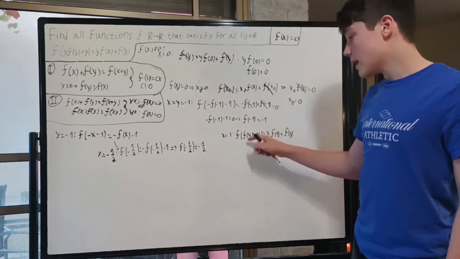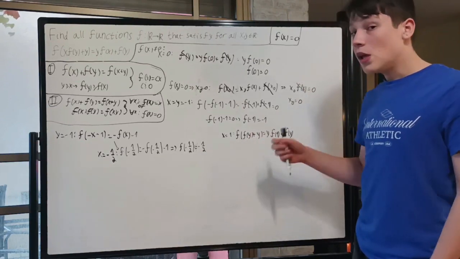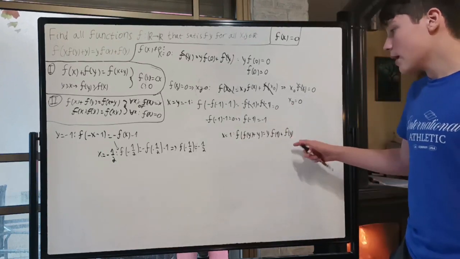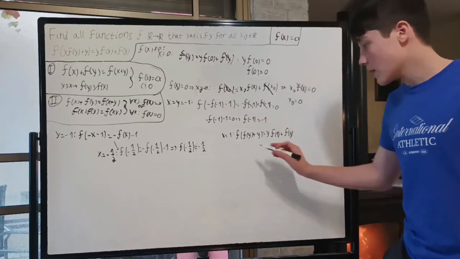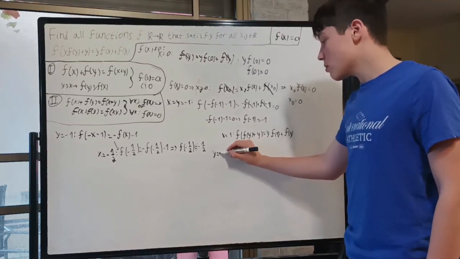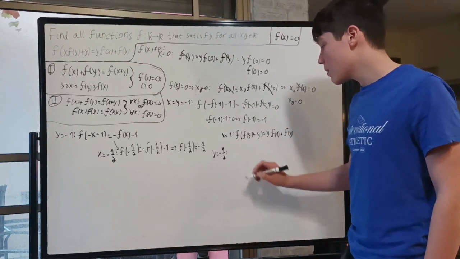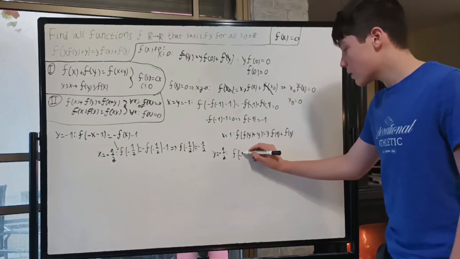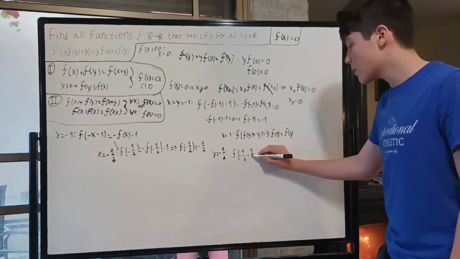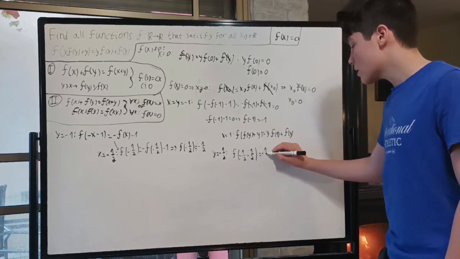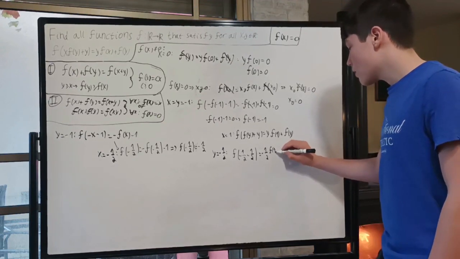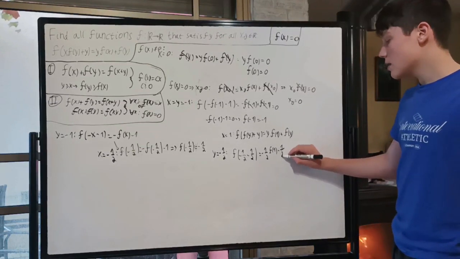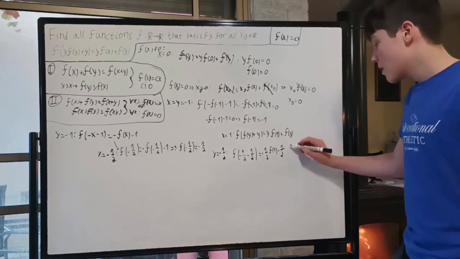We'll get f of -1/2 plus -1/2, which is -1. We know it's f of -1, it's -1. And we know what f of -1/2 is: -1/2. So if I plug in y is equal to -1/2, I get f of -1/2 minus 1/2 is equal to -1/2 f of 1 plus f of -1/2. f of -1/2 is -1/2, so this is true.